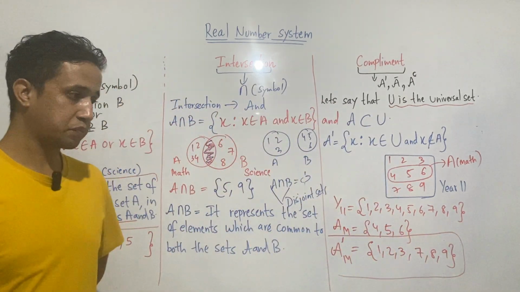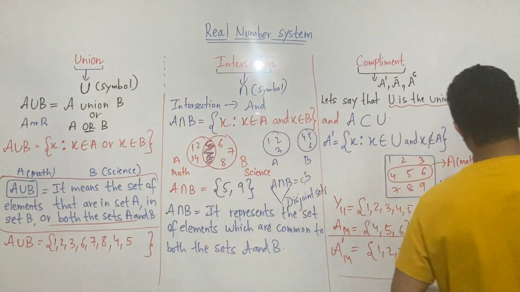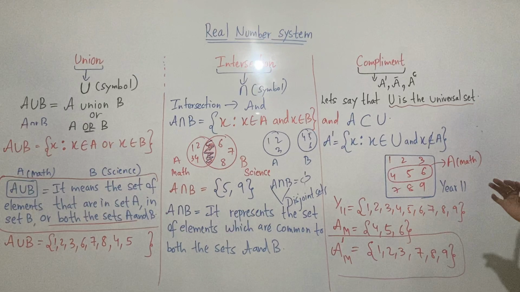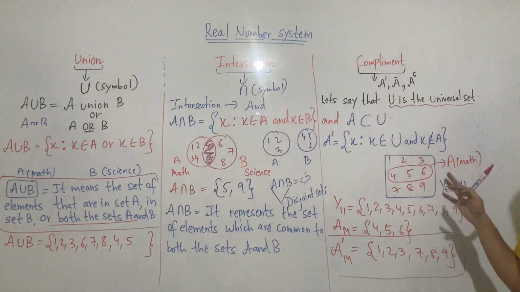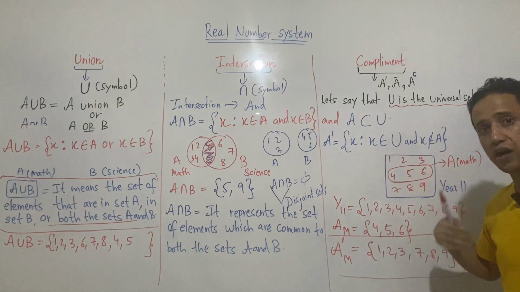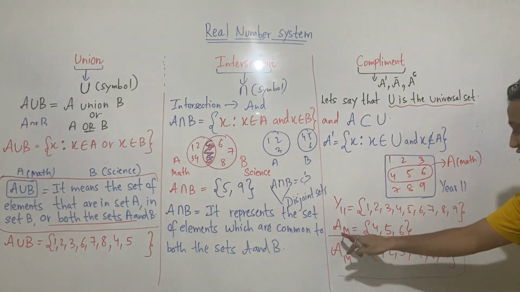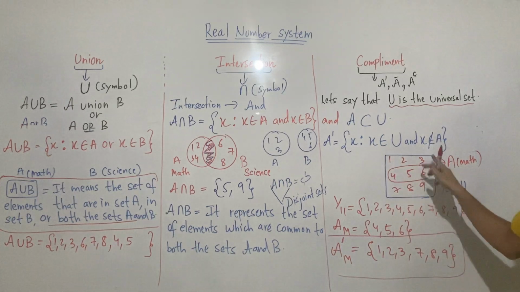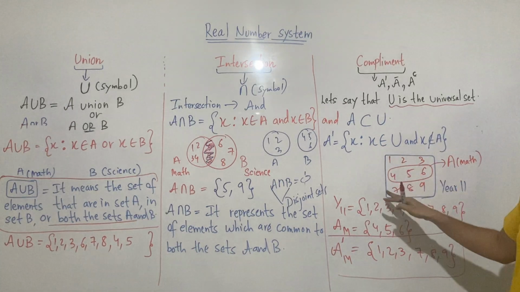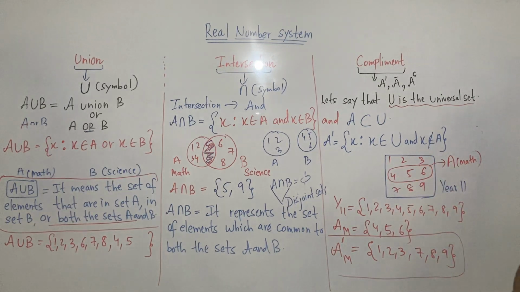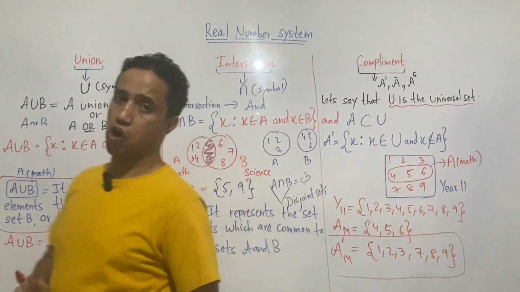In other words, the complement of a set contains all the members of the universal set except the members of that set. So this is what complement means.